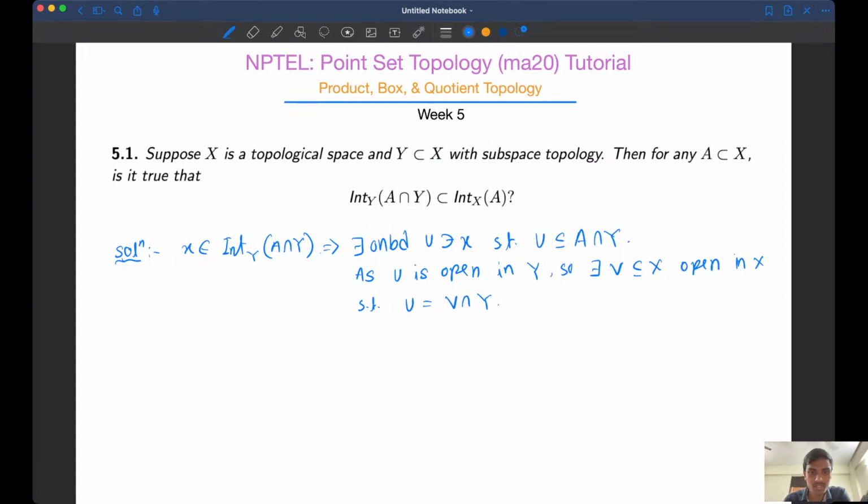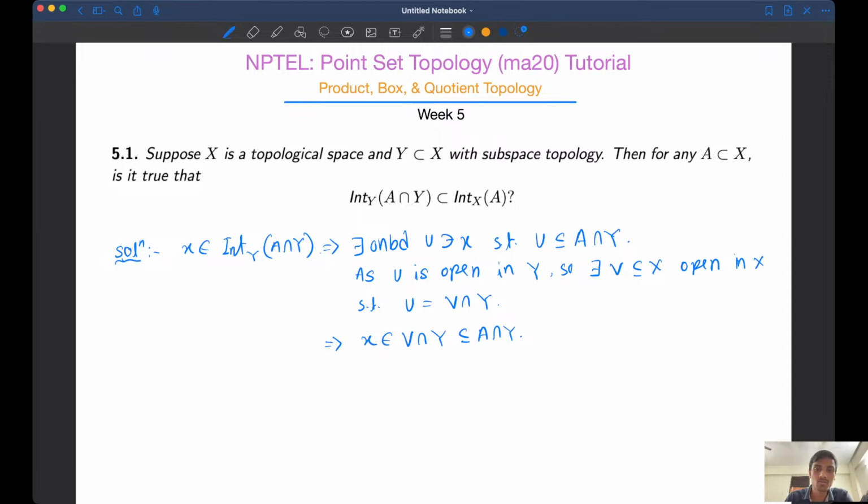So your U becomes V intersection Y, that is contained in A intersection Y, right?